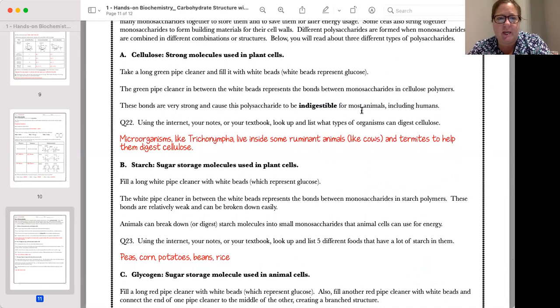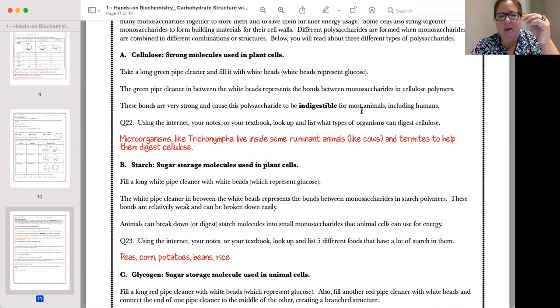The first one is cellulose. So we took a white pipe cleaner and we put all of the glucose monomers onto this pipe cleaner to make a cellulose. Cellulose is indigestible for most animals, including humans, but there are animals like cows that can chew cud and digest cellulose.